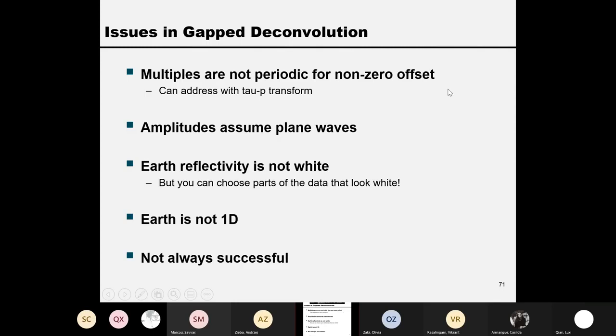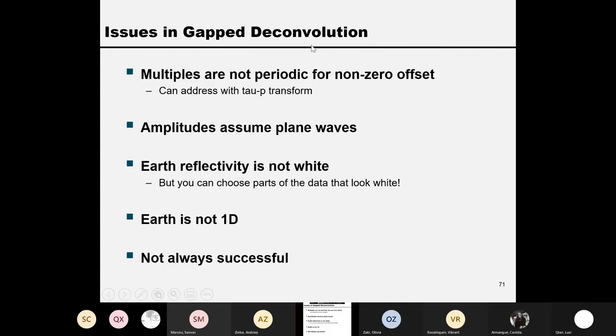Even for the water layer multiple, if the water bottom is not flat, the multiples may not be periodic, right? In a deeper water layer, you have a longer travel distance and longer travel time. In the shallow water layer, you have a short travel time, right? So it's not periodic.